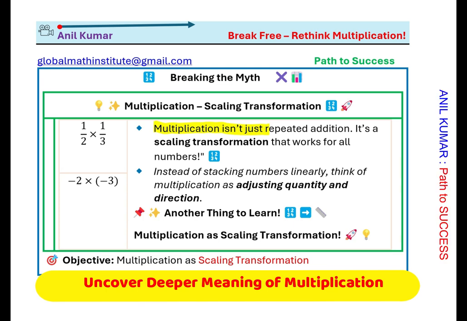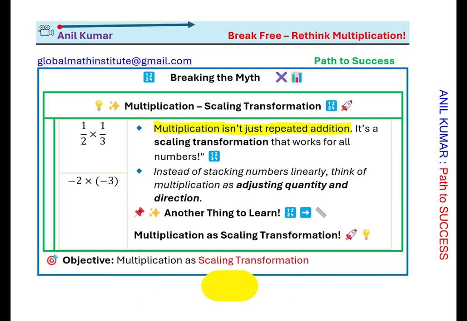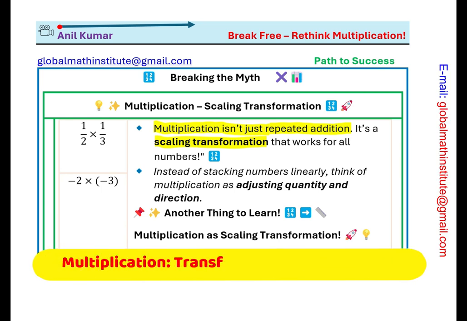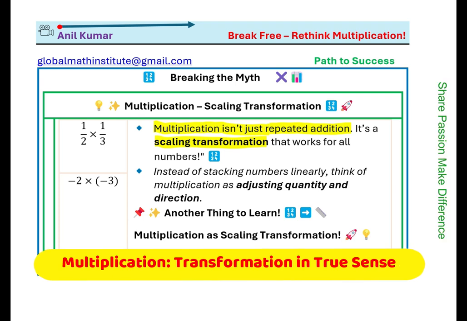So it is not just repeated addition, it's a scaling transformation. So when you multiply with something, it gets enlarged, right? It can shrink, it can even change the direction if you multiply by a negative number. So it is basically a transformation in the true sense, right?